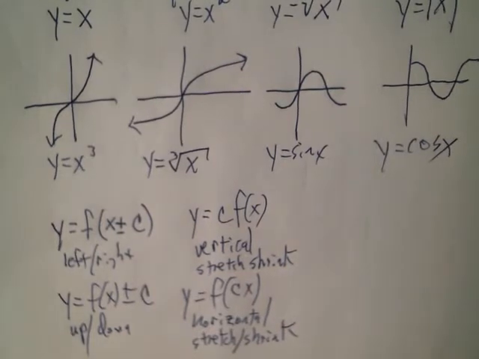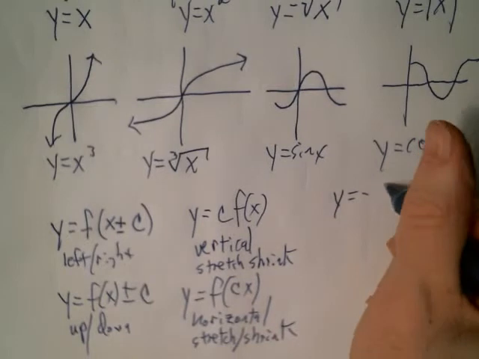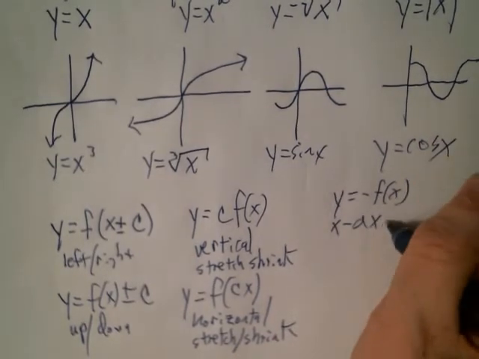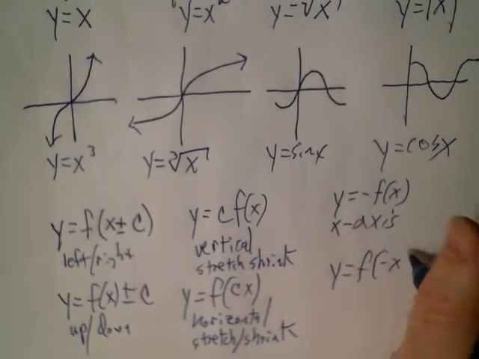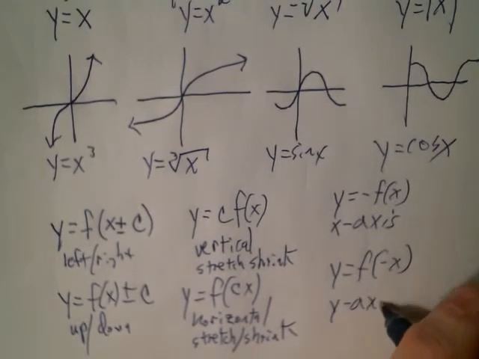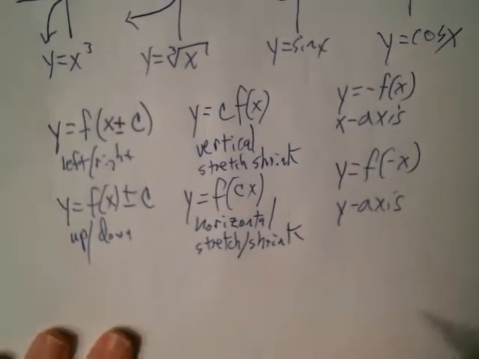Finally, then you have rotations. So y equals negative f of x will be an x-axis rotation. y equals f of negative x will be a y-axis rotation. Okay. Alrighty then. In general, if you get a really complicated composite, you have to follow an order of operations.